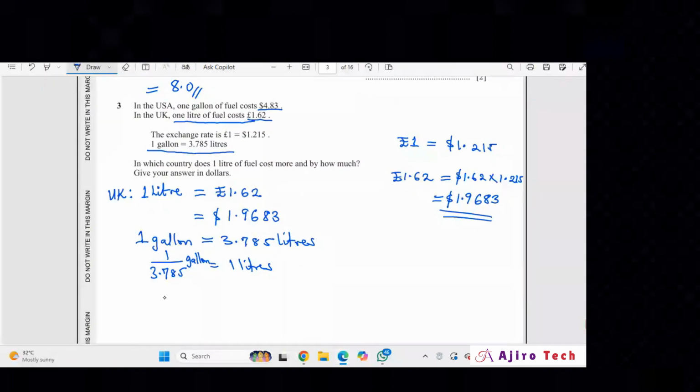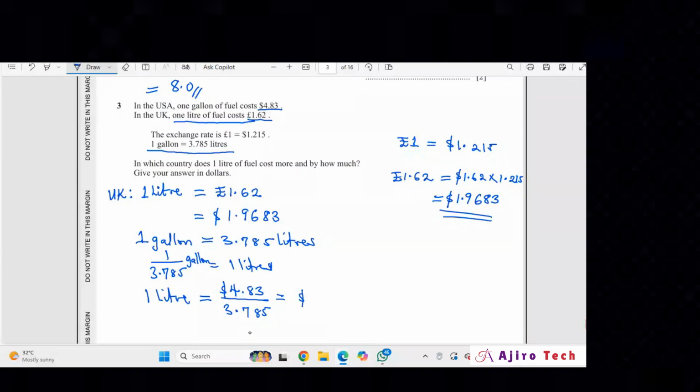So from here, I can now say that 1 liter will be equal to 4.83 divided by 3.785. By the time you do that, we're going to have this.